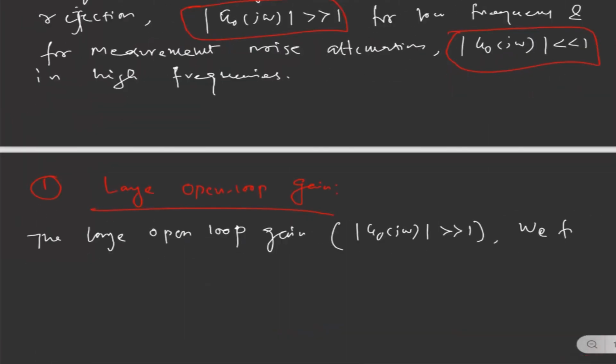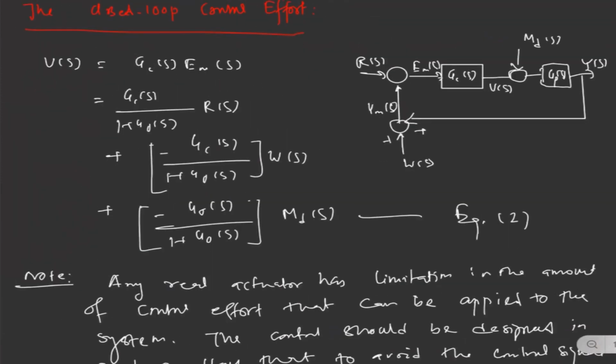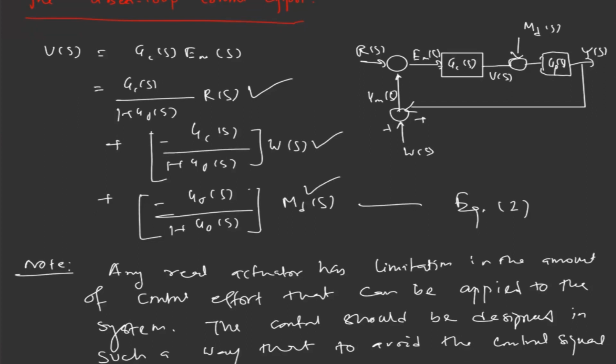From equation 2, we have three different components: the control effort due to the reference signal, the control effort due to the measurement noise, and the control effort due to the disturbance to the system.